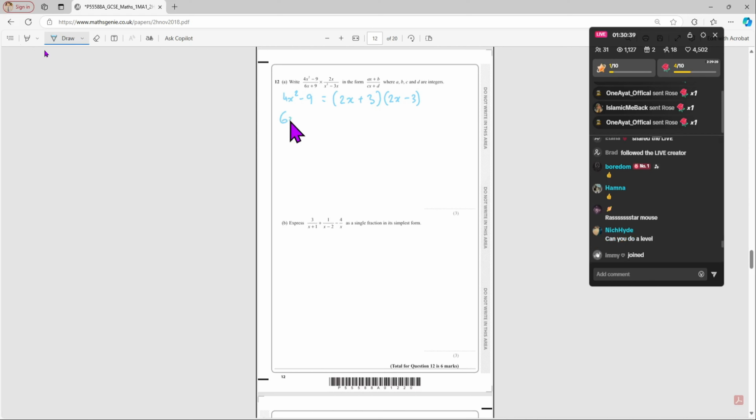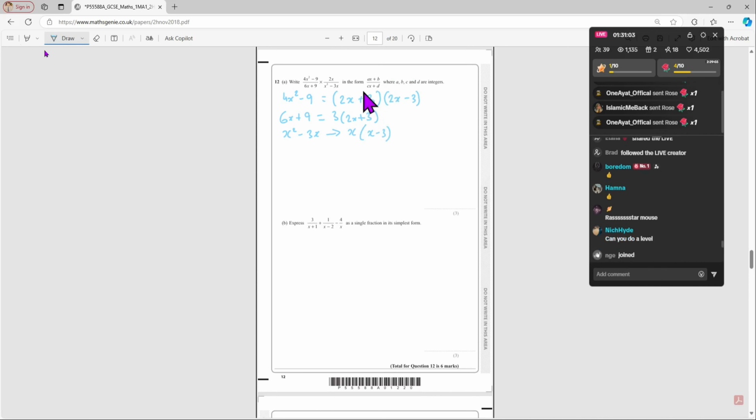This is a single bracket factorization: 3 on the outside, and then 2x plus 3. And lastly, we're going to factorize the denominator of the second fraction, which is x squared minus 3x. You factorize the x out for this one: x times x minus 3.